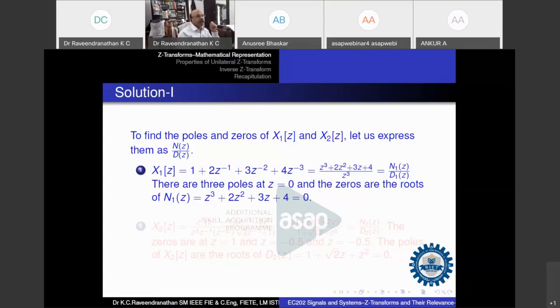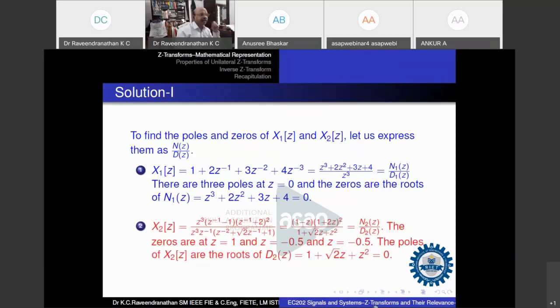So the poles are the values of z for which D1 of z becomes 0, and the zeros are the roots of N1 of z, that means N1 of z is equated to 0. By this method, we can find the poles and zeros of any rational Z transform representation.